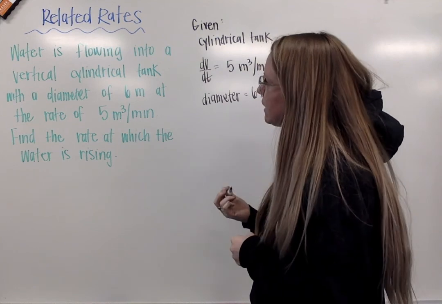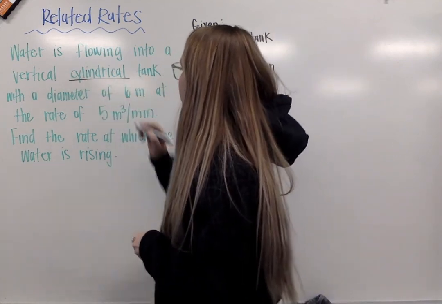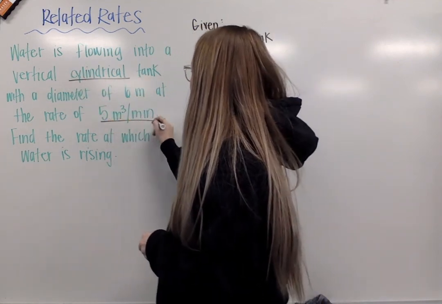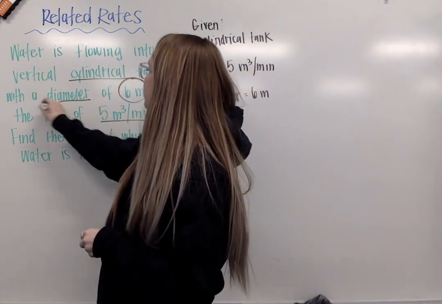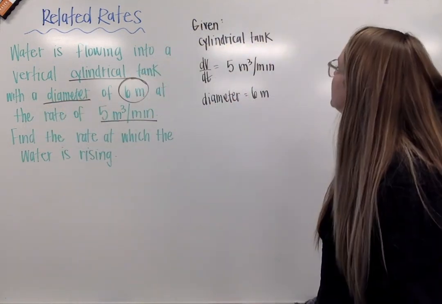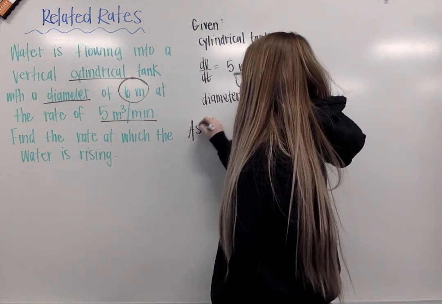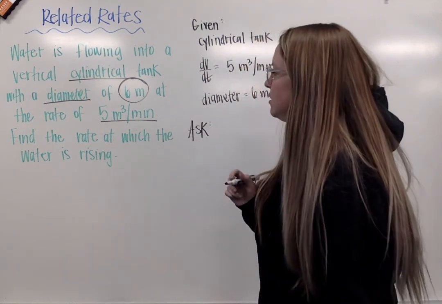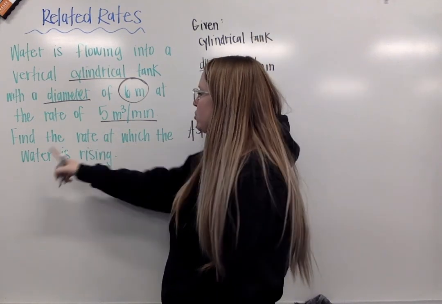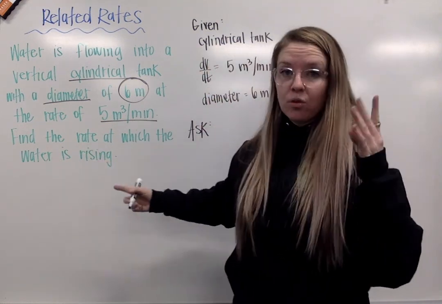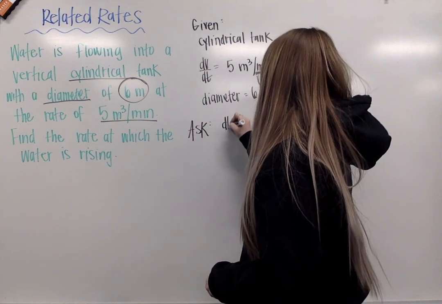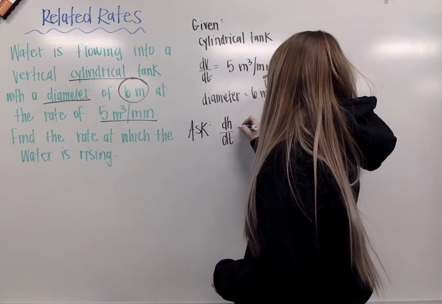So again, we've taken out the cylindrical piece, the rate of our volume, and the diameter of 6 meters. Now we need to know what is being asked of us. It says find the rate at which the water is rising. So that's the height of the water. So it wants to know dH/dt.